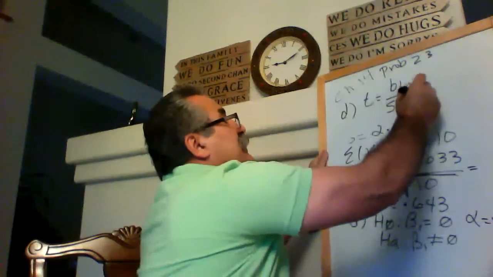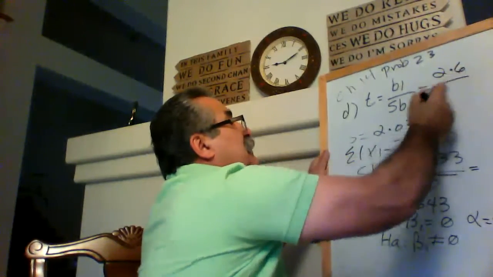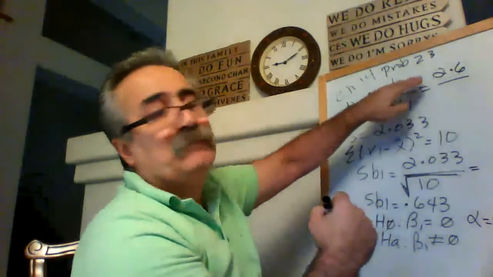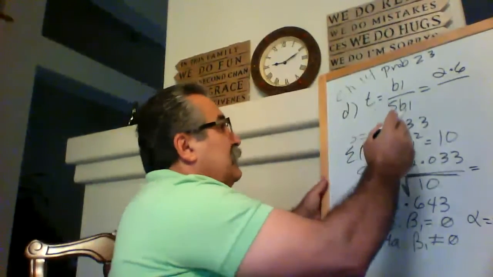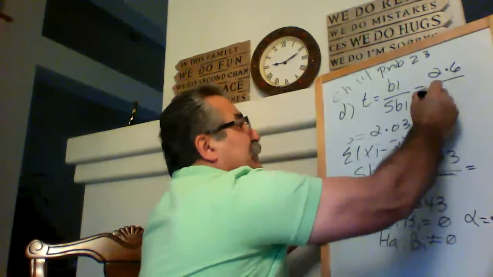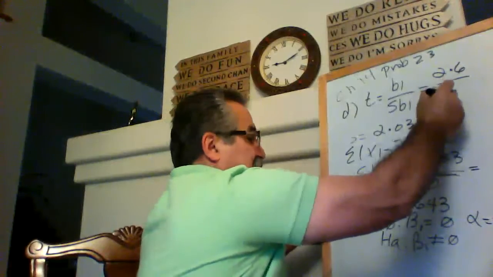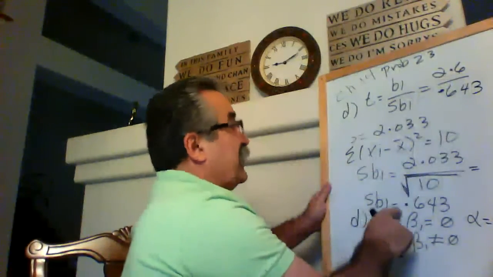So B1 was what? 2.6. This is coming from problem number 1. Divided by SB1, which is 0.643.